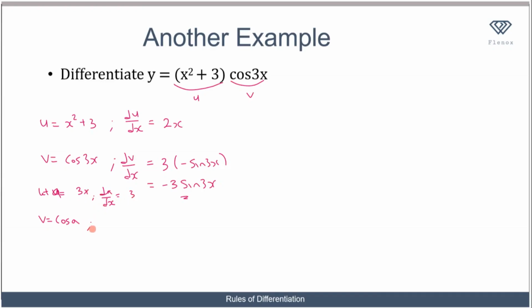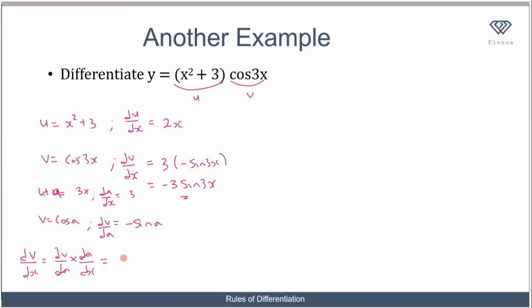In this case, my dv over dA will be equal to minus sine A. Now if you recall, for the chain rule, dv over dx equals dv over dA times dA over dx, because the dA cancels out to give me dv over dx.